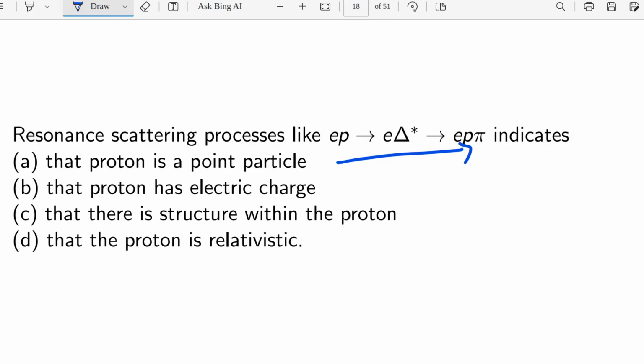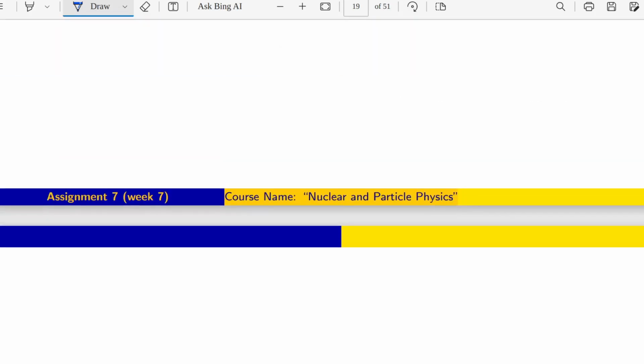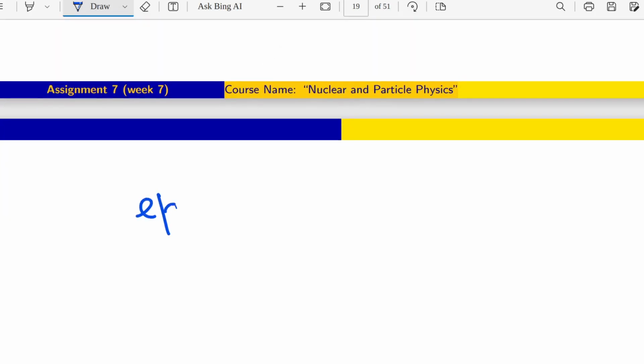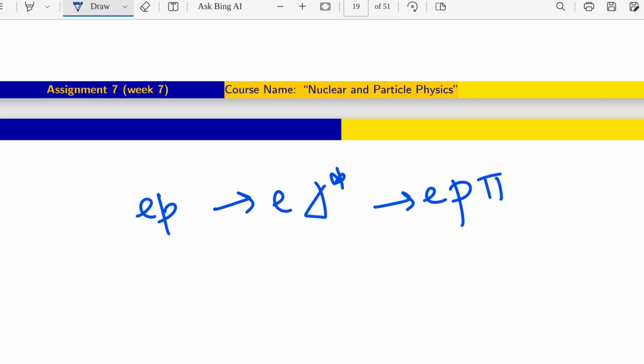So to know the answer, I am just going to write the expression again: e p going to e delta star going to e p pi. So this is the expression, right?